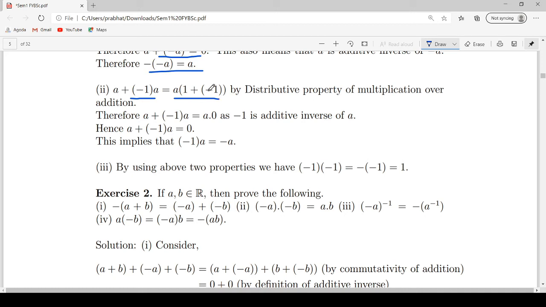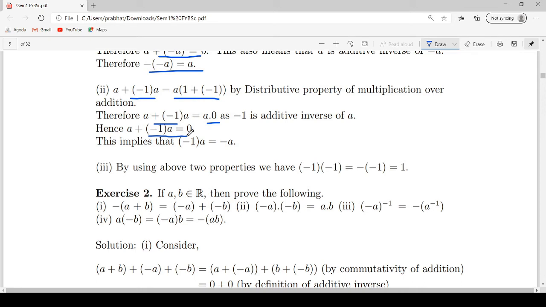But 1 plus minus 1 is equal to 0 because minus 1 is the additive inverse of plus 1. So what you have, A plus minus 1 of A equal to A times 1 plus minus 1, which is the same as A times 0. But A times 0 is equal to 0 because we have proved any element multiplied with 0 is equal to 0. So you have A plus minus 1 of A equal to 0.